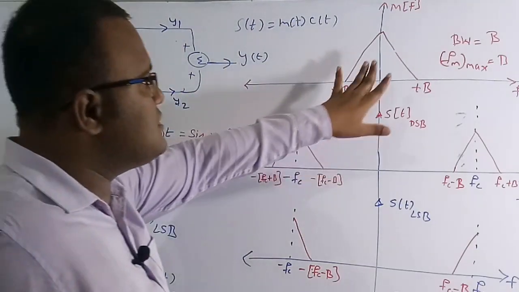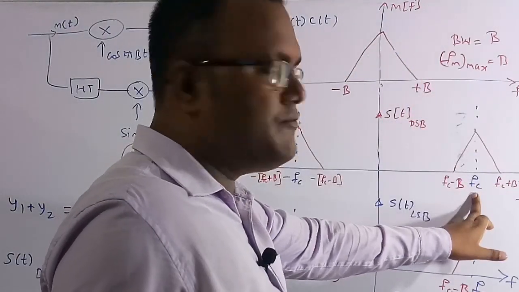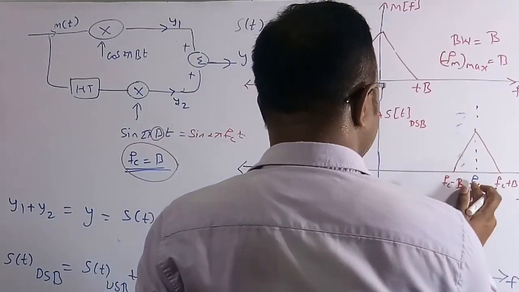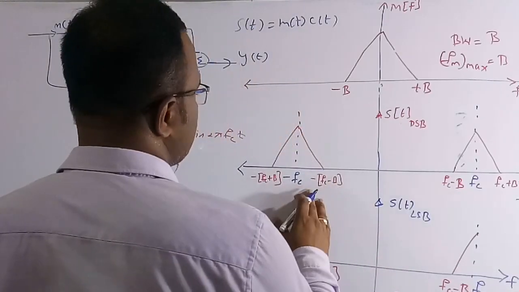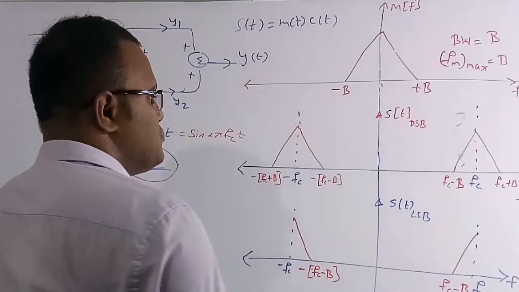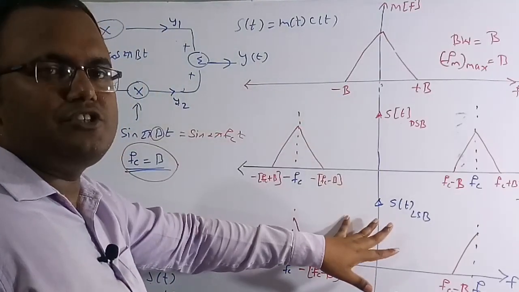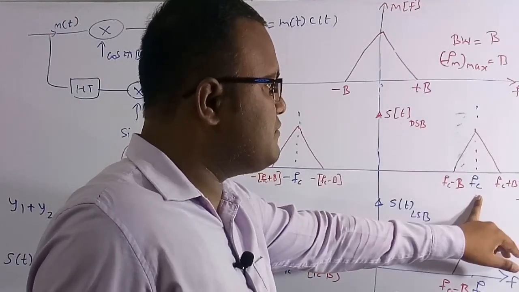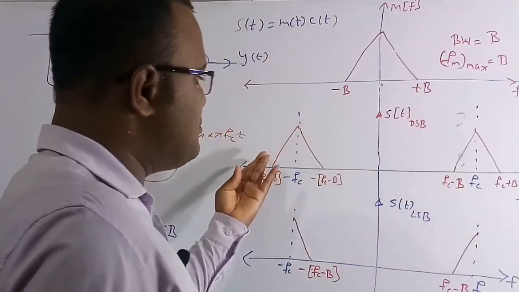Convolution is just shifting the signal to FC, with center frequency FC, giving FC plus B and FC minus B. Here also minus FC, with minus of FC minus B and minus of FC plus B. So it is a mirror image of this one.